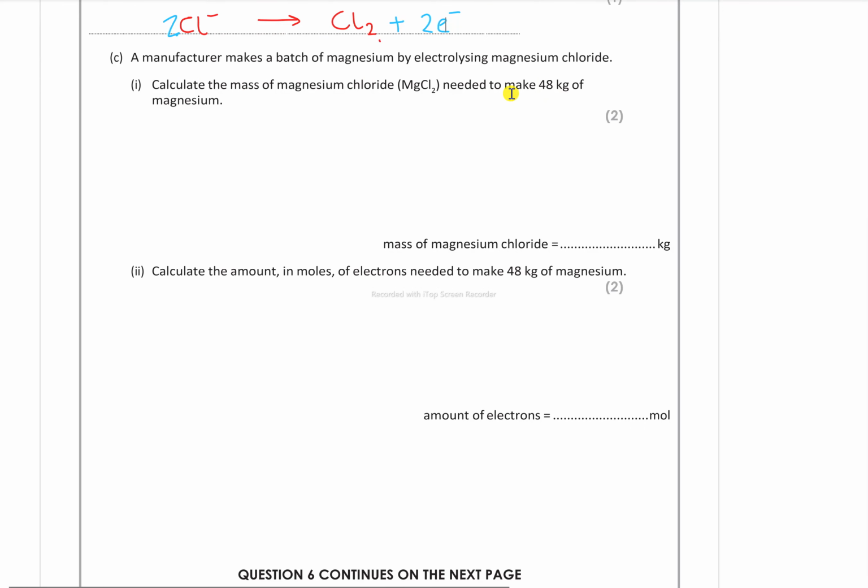Right, what I'm going to do is just pause this for a second. I don't think we need to do this actually. We'll skip this, it's not part of electrolysis.